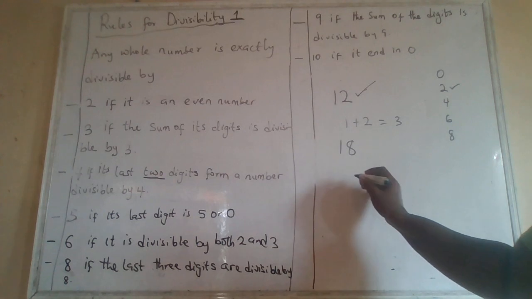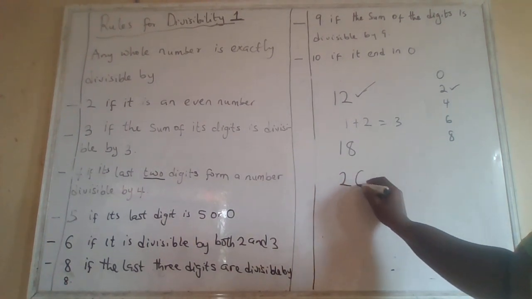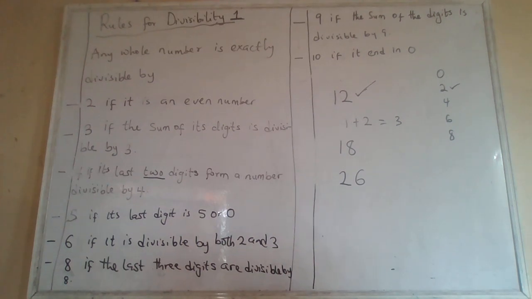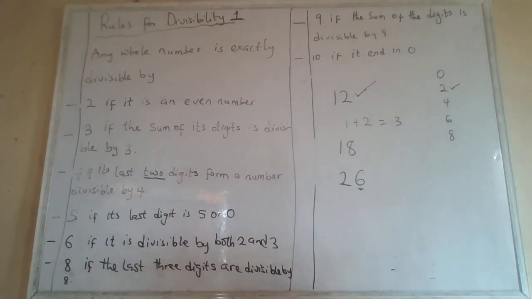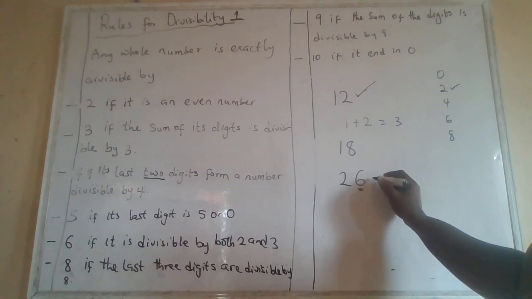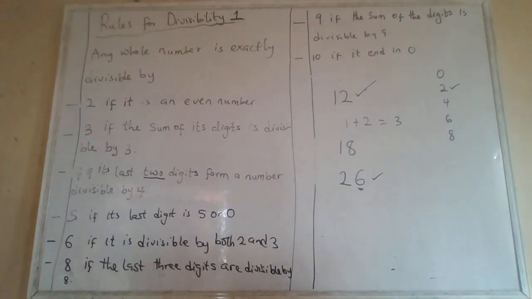Let's take 26. 26 is an even number since it ends with a number 6. And ending with 6 means that it is even and hence can be divided by 2. So by 2, yes.